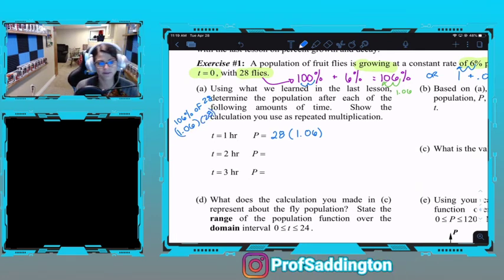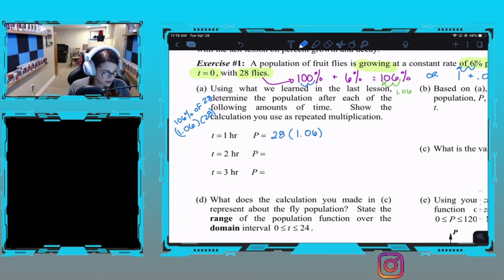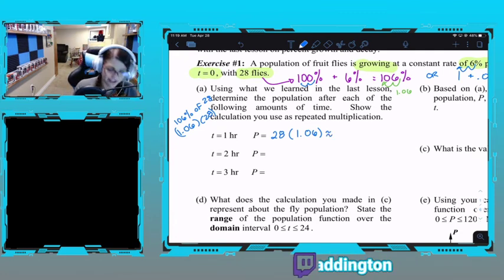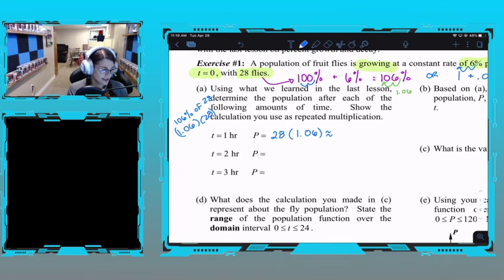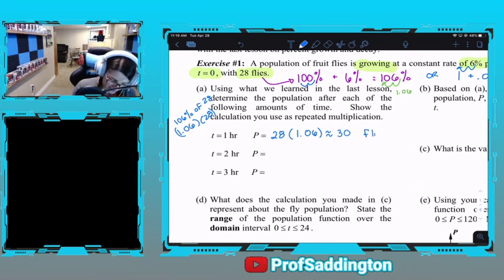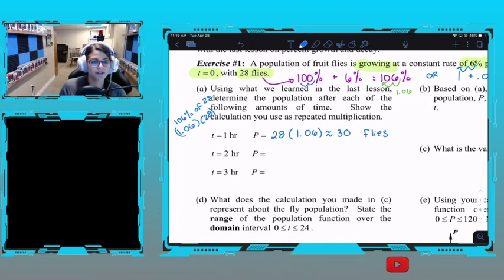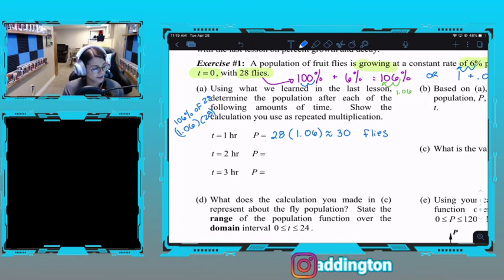Technically, with multiplication, the order doesn't matter. Since we're talking about population, I want to round to the nearest whole. When I type this in my calculator, I get 29.68 and some change, so it's really about 30 fruit flies.